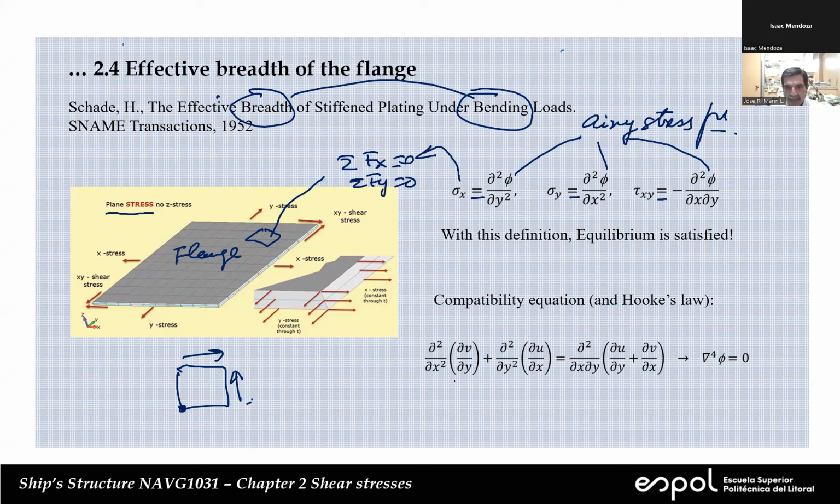If you look here, this is a relation, an identity. If you differentiate twice this derivative and add to the second derivative of du dx, it's exactly the same as if we do this. You see here that you have the third derivative, 2 in x and 1 in y of v.